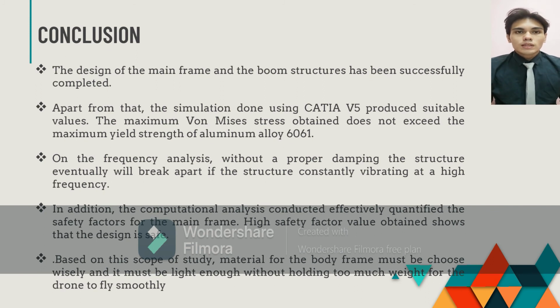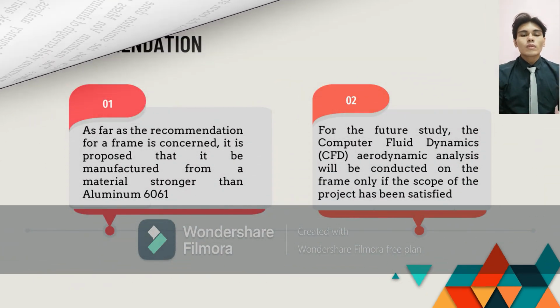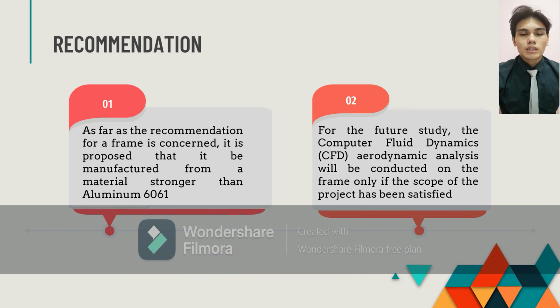Based on the scope of study, material for the body frame must be chosen wisely, and must be light enough without holding too much weight so that the drone can fly smoothly. As for the recommendation, I propose that the drone be manufactured using a material that is even stronger than aluminium alloy 6061.